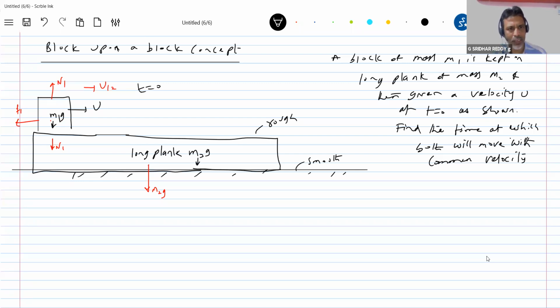Along the y-axis, will the block and plank move? No. So what are the equations? We can write it here. n1 minus m1g equals 0. That is on the block. Now look at the plank.